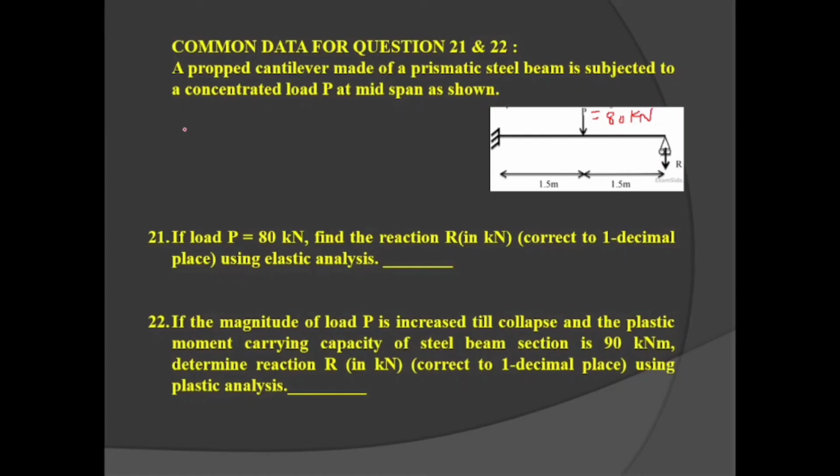Let us suppose this is A, this is B, because C balances the deflection. So net deflection at C must be equal to 0, obviously. This is from the compatibility condition.